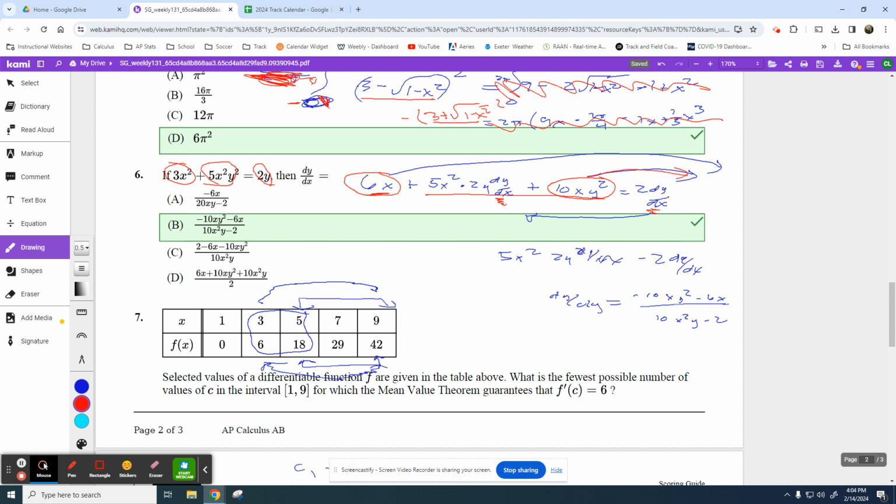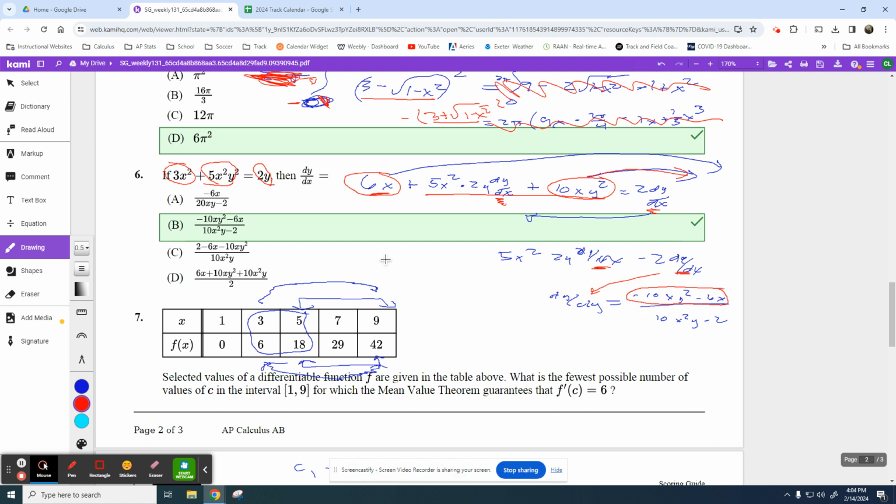So what you get, and this doesn't let me write over here, so it's kind of irritating. What you get on the left side is 5x squared 2y dy/dx, that's what that is, minus 2 dy/dx. If I factor out the dy/dx's, I'm over here like this. And this part of the answer here, I don't have a lot of room on this, guys.